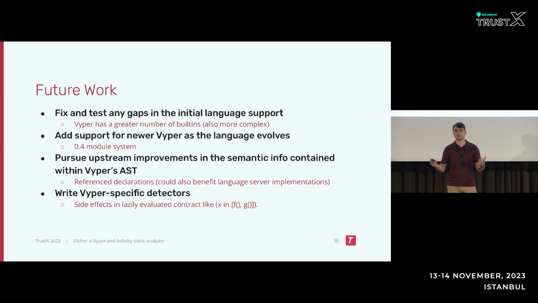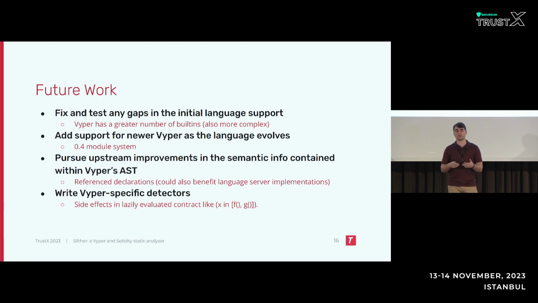One instance of this in Vyper is that there are three or four different ways to use the built-in low-level calls, and it changes the return type and the behavior. Those are things that we have to model in Slither in order to expose it to people who are writing analyses, to make sure that they understand the behavior of the code.